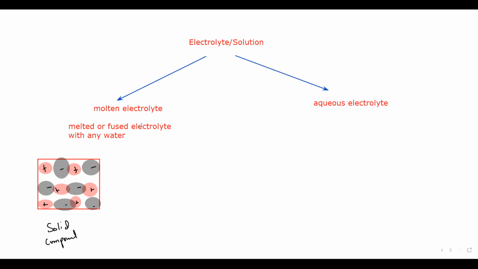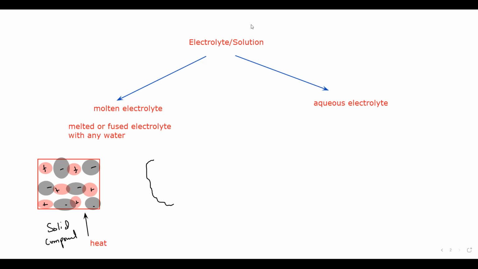What is the meaning of melted or fused? How can I melt this compound? I will supply heat energy. I will heat it. We need a lot of heat to melt these compounds because they have a high melting point. When we supply the heat, the ions will move away from each other.